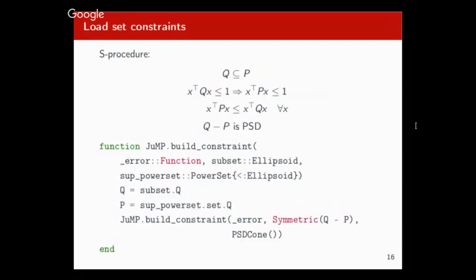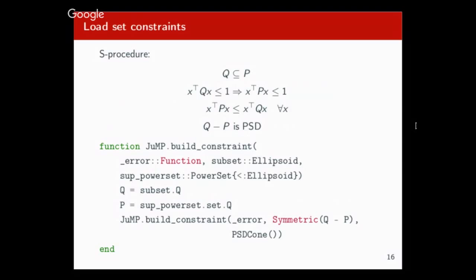So what it does, again, is go through build constraint. And now the ellipsoid will actually be a real ellipsoid with the matrix and so on. So this is what would have been called if you had a real ellipsoid and not a variable ellipsoid for which you don't really have the representation. Which is nice, because you can reuse the same code.